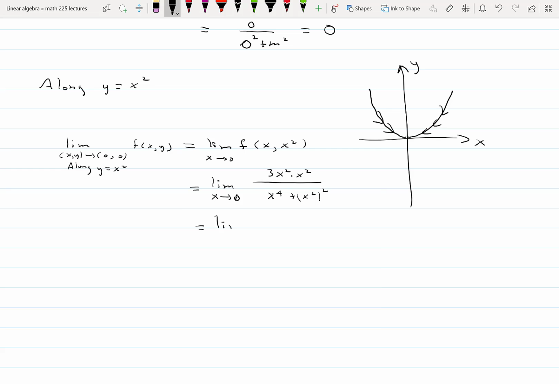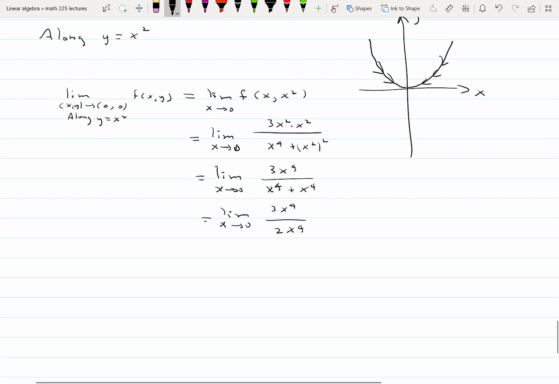So this is the limit as x approaches 0 of 3x to the 4th over x to the 4th plus x to the 4th, or the limit as x approaches 0 of 3x to the 4th over 2x to the 4th.